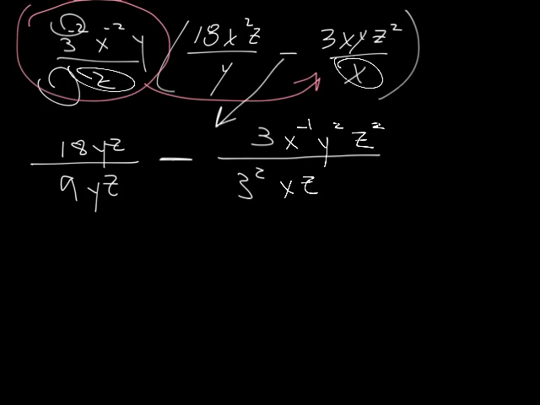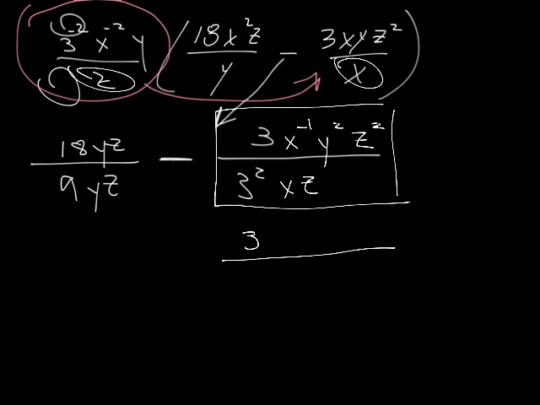Alright, so now let's keep working on simplifying this before we combine it with this up here. So we've got a 3, and this is going to be 3 times 3 is 9. We're going to take this and move it down, so it becomes x times x is x squared. And I'm going to leave my y alone and my z alone, and I have a z down here. Okay, so now let's look at doing some canceling.